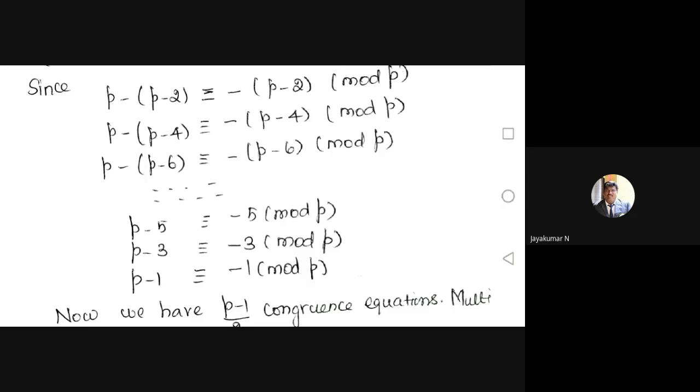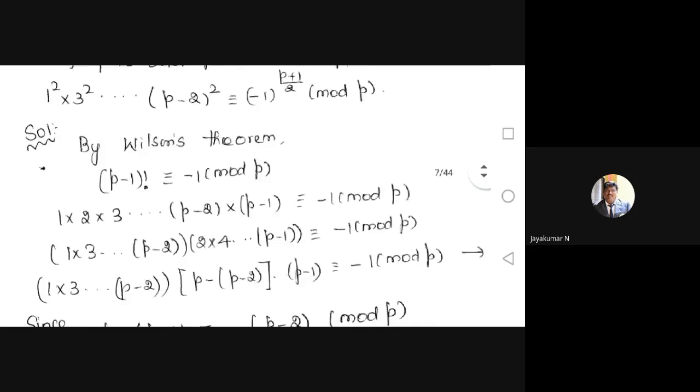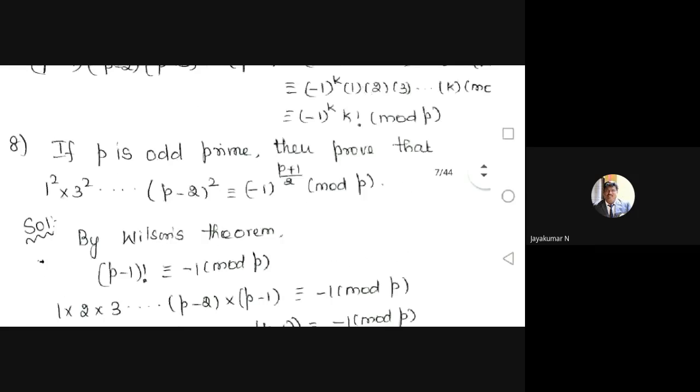Since p minus 1 factorial means 1 into 3 into up to p minus 1, in the product the number of integers is p minus 1. For example, 3 factorial can be expanded as 3 into 2 into 1, so the number of integers contributing is 3.